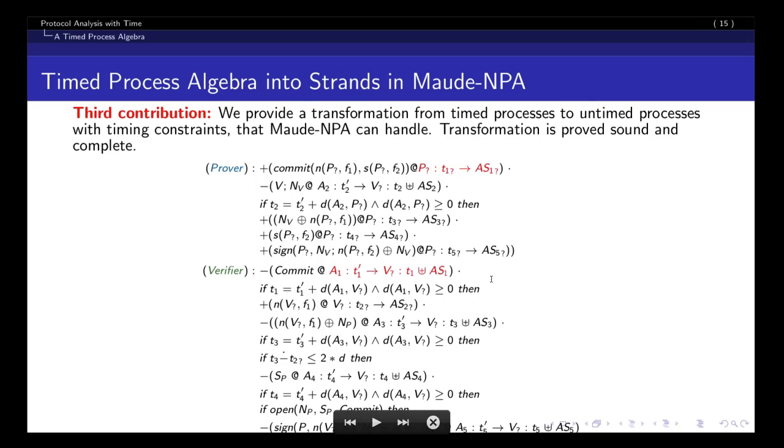All this new syntax, all this new process algebra into the strands mode in Maude-NPA, we use to control the time and distance in distance-bounding protocols.